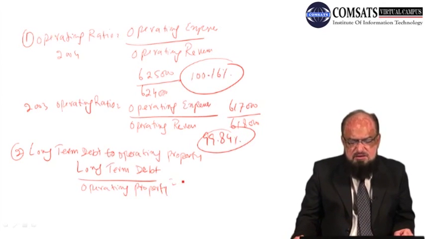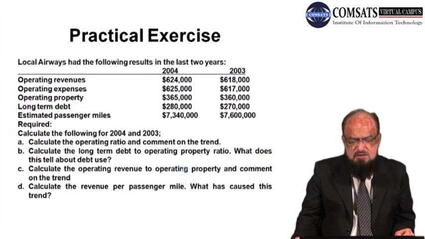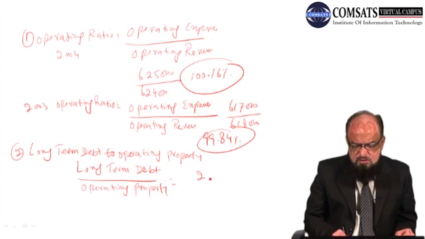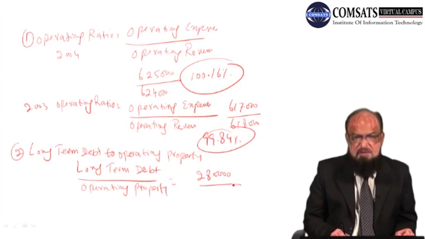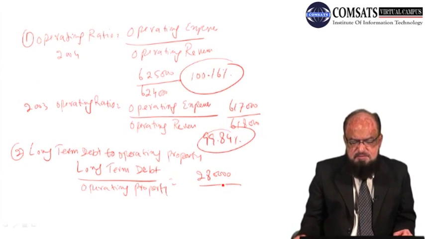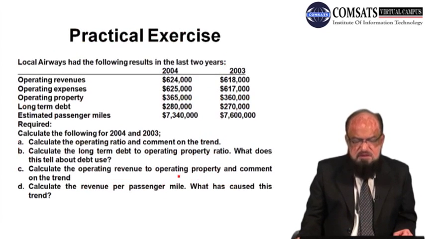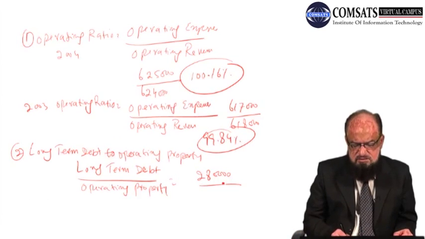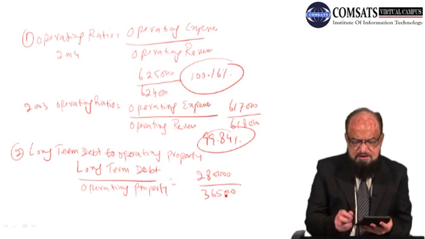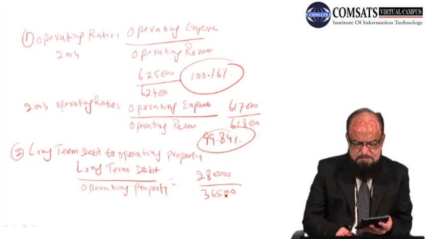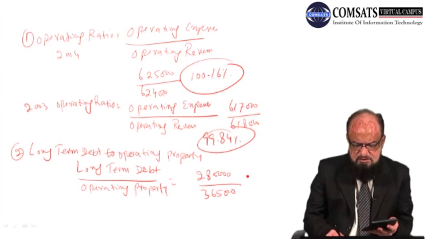Long-term debts are given, that is 280,000 for year 2004, divided by operating property, that is $365,000 for year 2004. Divide it, and we get 76.71%.